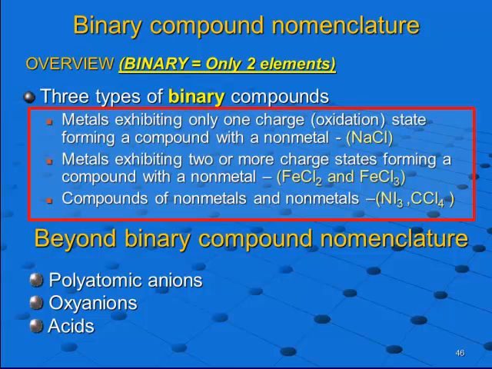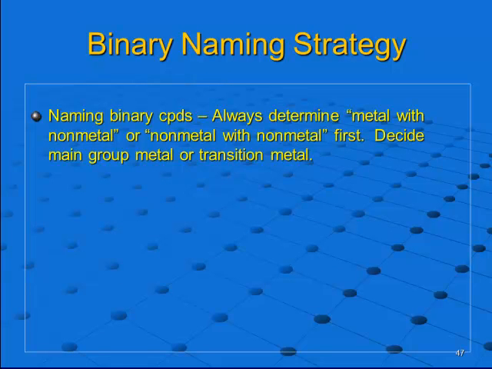So that's always what you're looking for. Okay? So when you're naming these binary compounds, you always determine first: is it a metal with a nonmetal, or a nonmetal with a nonmetal? You just look at it, and you find them on the periodic table. You don't memorize it. You find them on the periodic table.